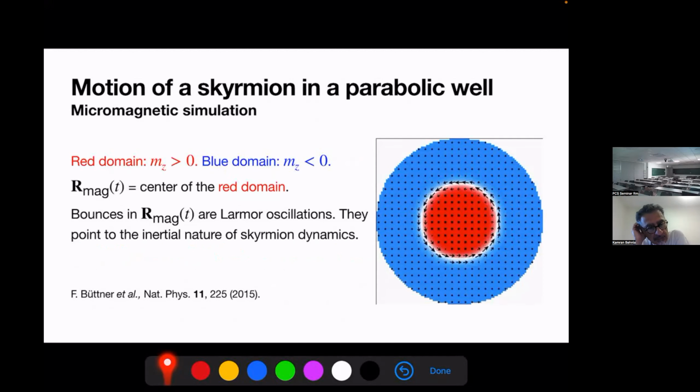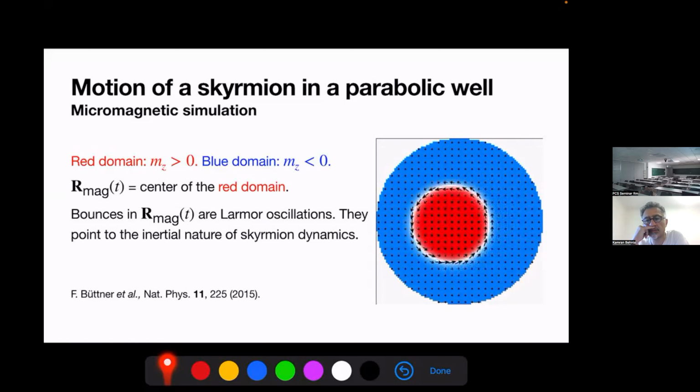So here's a simulation of the motion of a magnetic bubble or skyrmion in a disk performed by Büttner et al. in 2015. It's an experimental group, in fact. They studied the motion of a skyrmion.